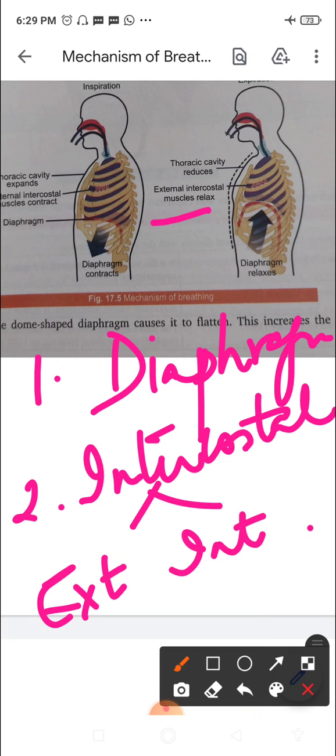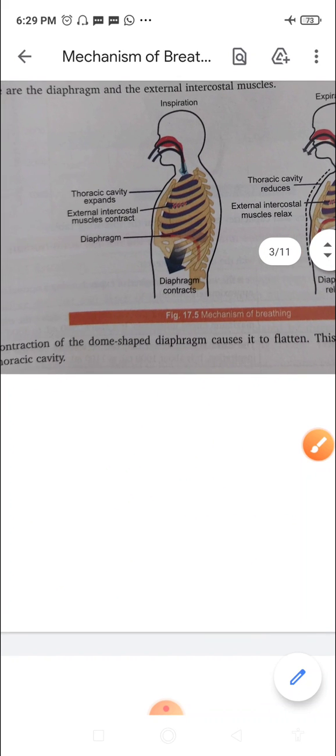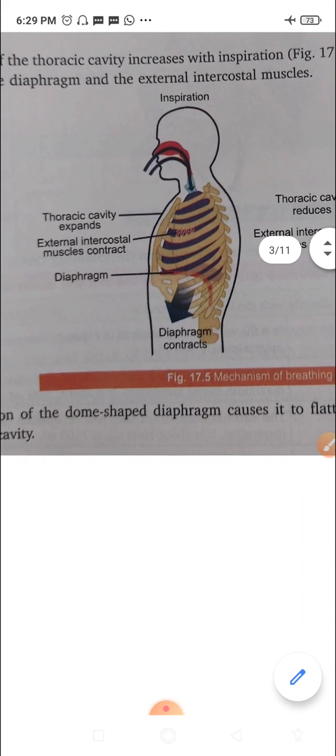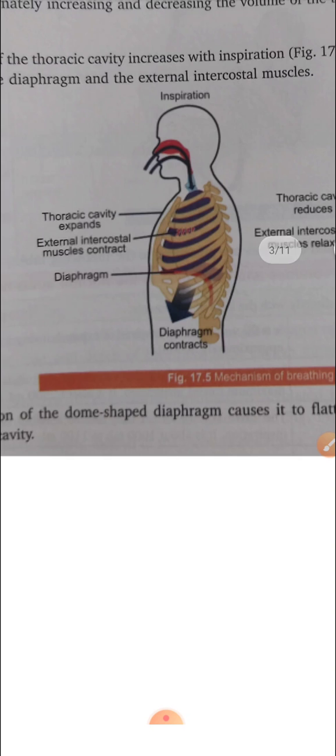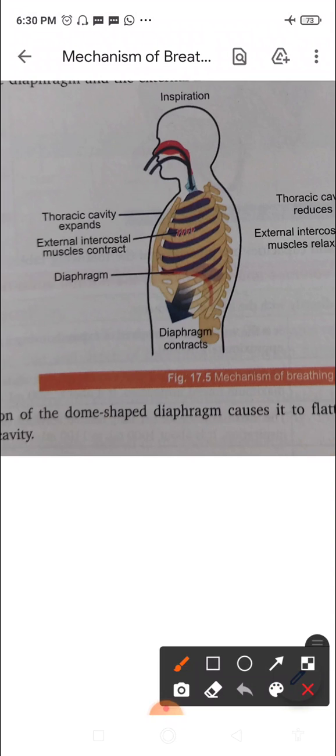Now let's talk about inspiration. What happens during inspiration? We move on to this particular figure which is showing inspiration. What happens during inspiration is that the overall size of the thoracic cavity increases.